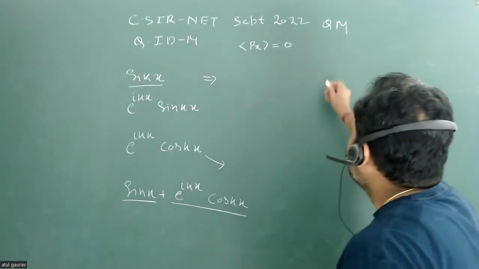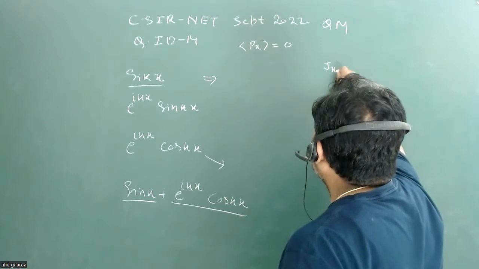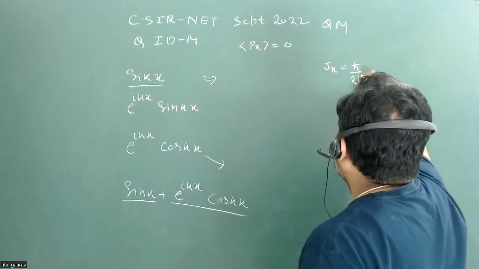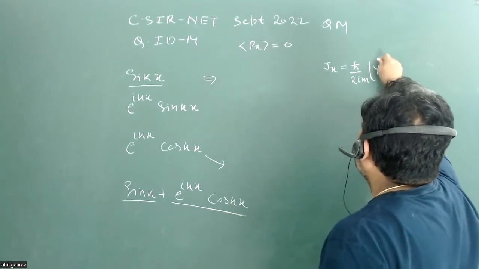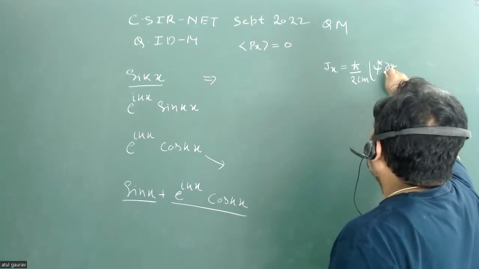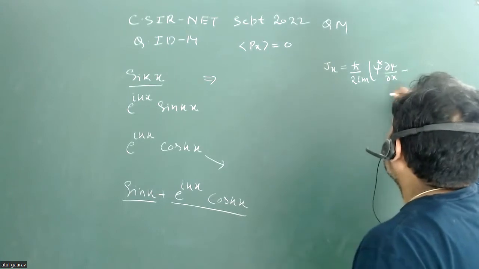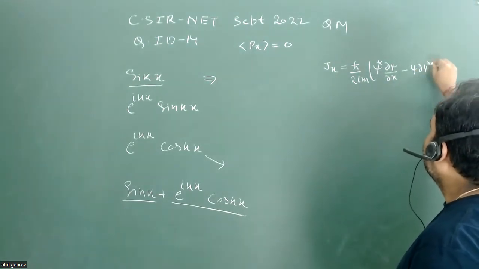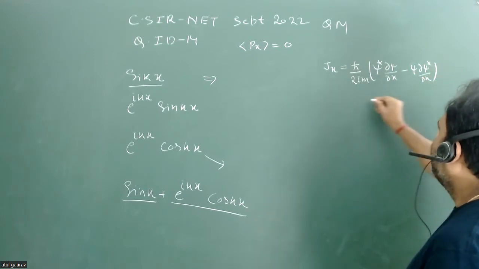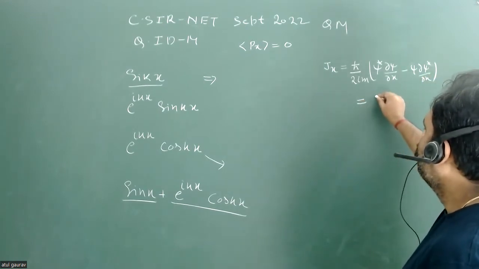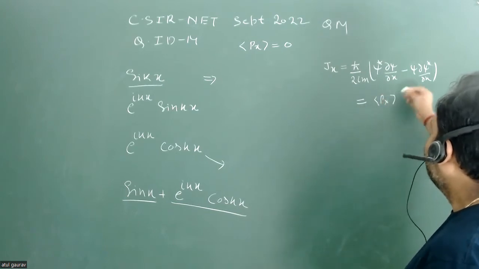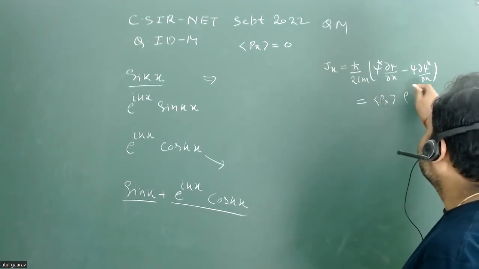You all know that the probability current density Jx is equal to ħ upon 2im times (ψ* ∂ψ/∂x minus ψ ∂ψ*/∂x), which is equivalent to the expectation value of momentum times the probability density.